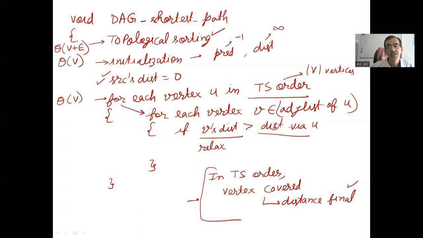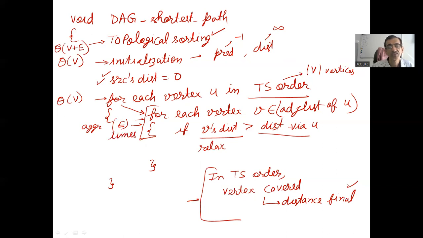This is nested, but if I go nested-wise, I will not be able to do this. Individually or aggregate-wise, how many times will this execute? All edges will be covered corresponding to each adjacency list. All edges will be covered once and exactly once. So this step exactly works E times.